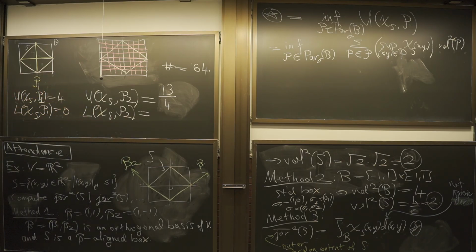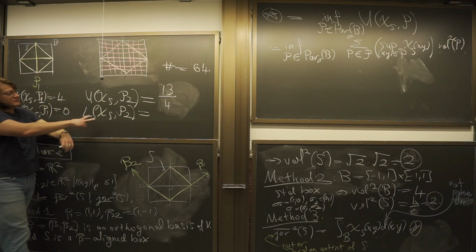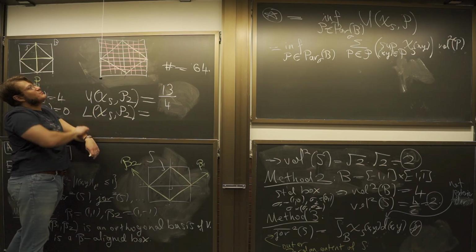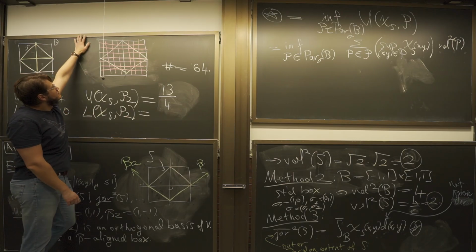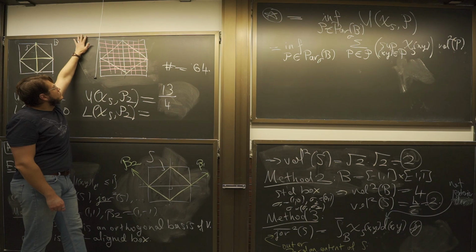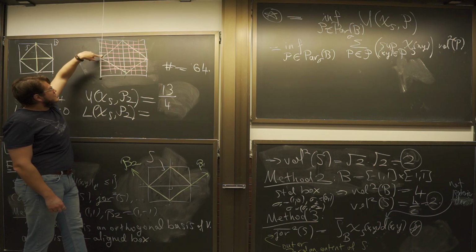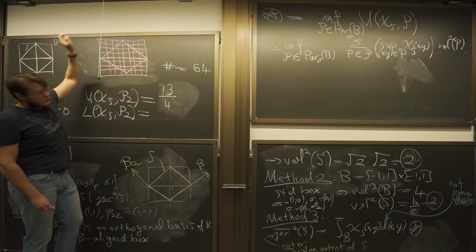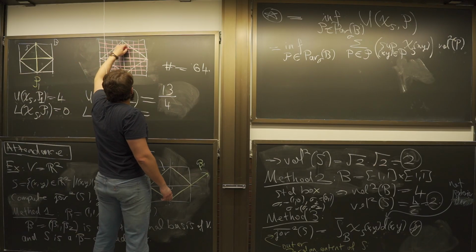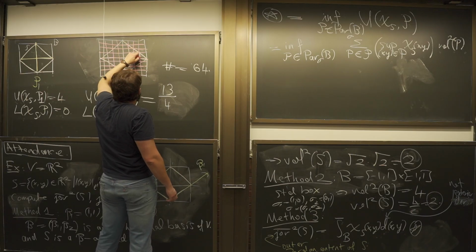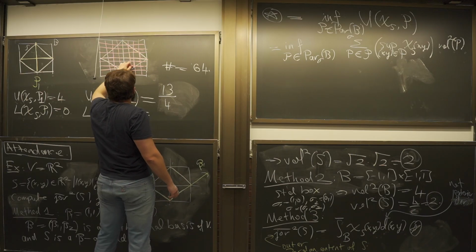Now for the lower sum, we need to count the number of pixels that are completely within S. Oh, sorry, even these ones we're not counting. For the lower ones, we should count these guys.